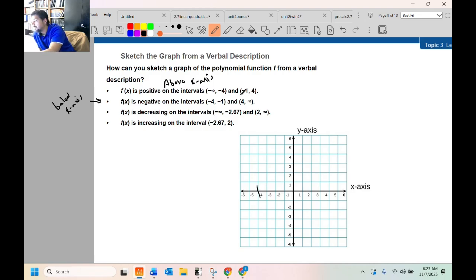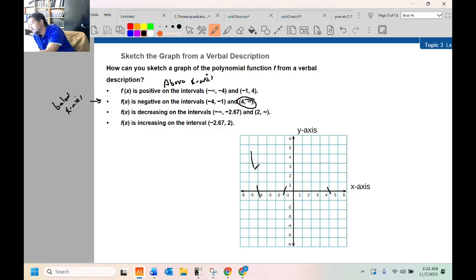We're also positive from negative 1 to 4. And negative here. So from negative 1 to 4, and 4 to infinity. Those are crossing points they're telling us about. It says we are decreasing from negative infinity all the way to negative 2.67.